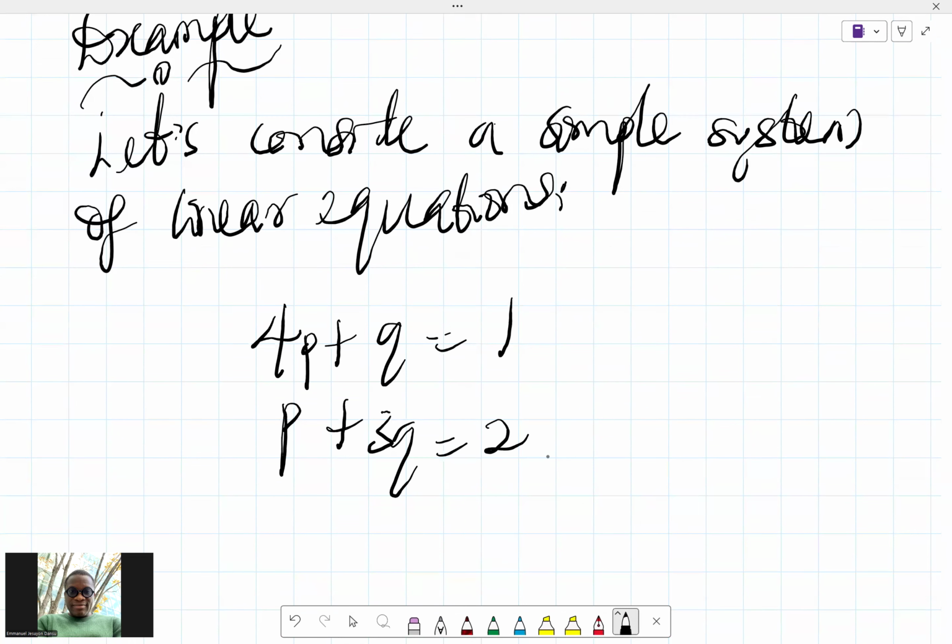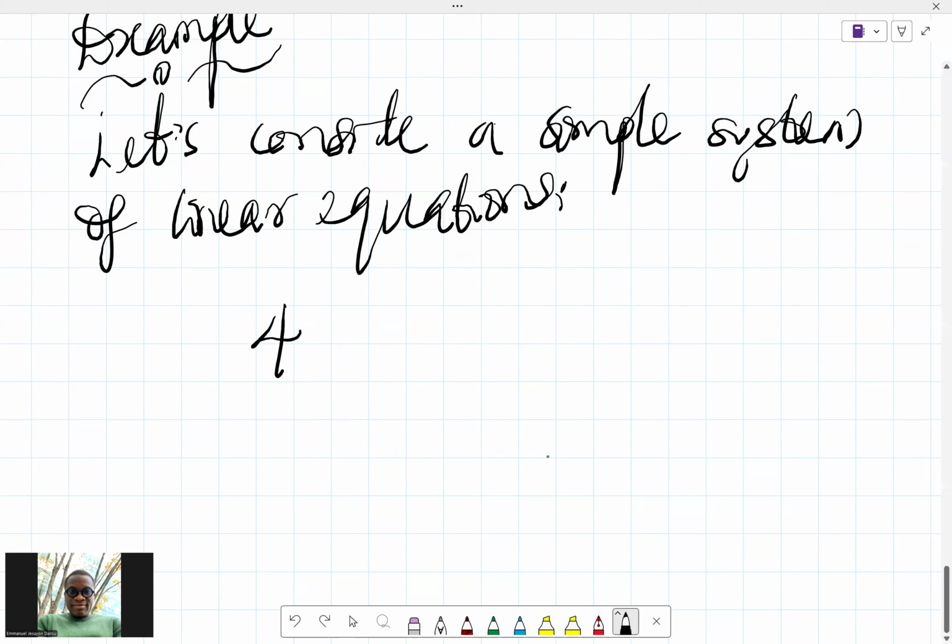Again, we have p and r already, so this is quite a challenge. Let me say 4w plus z equals 1, and then w plus 3z equals 2. So that's the system we have.